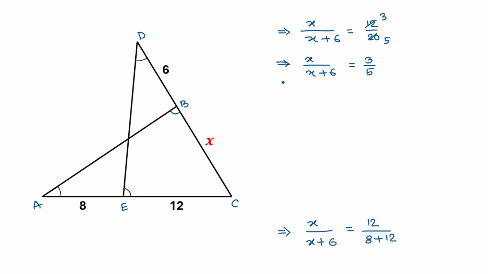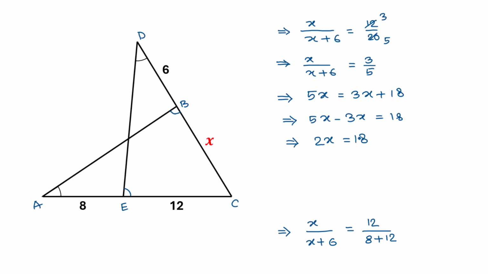Now applying cross multiplication, we can write 5 times x is 5x is equal to 3 times x is 3x plus 3 times 6 is 18. Now taking this 3x to the left side, we'll get 5x minus 3x is equal to 18, or 5x minus 3x is 2x is equal to 18.